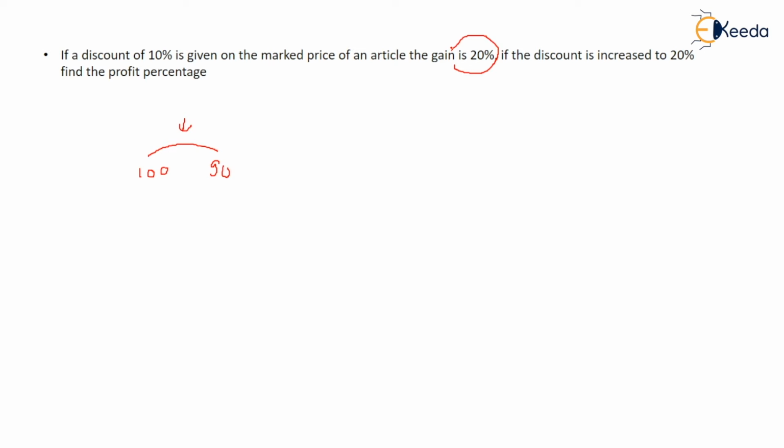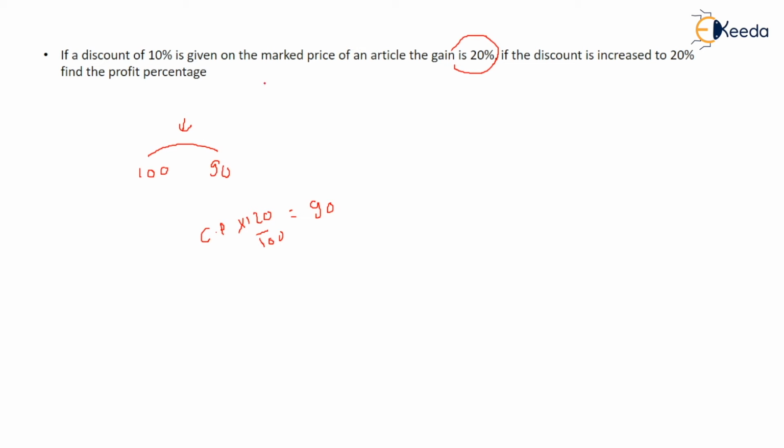So what does that mean? He is gaining 20%, which means CP into 120 upon 100. So this is 90 rupees he is getting, right?